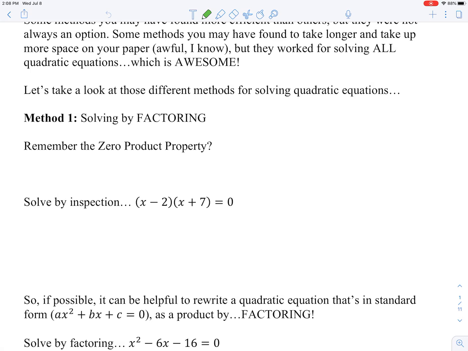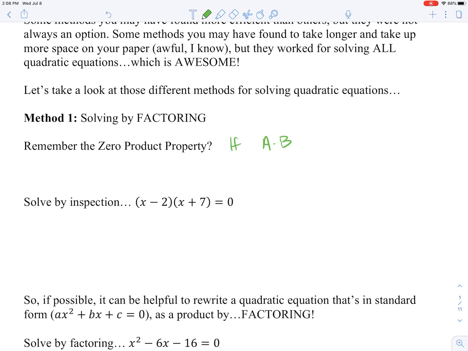So we're going to go through those different methods, and we're going to start with the factoring method for solving a quadratic equation. And factoring, you'll see in chapter 2, once we get there, will also be used for solving higher degree polynomial equations as well.